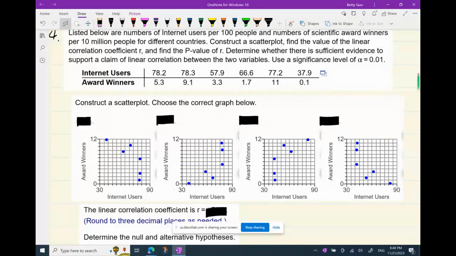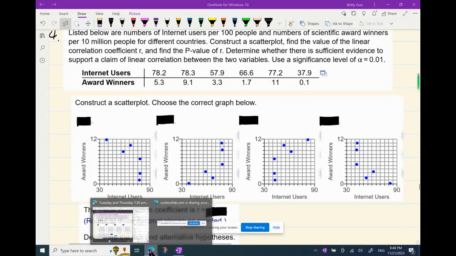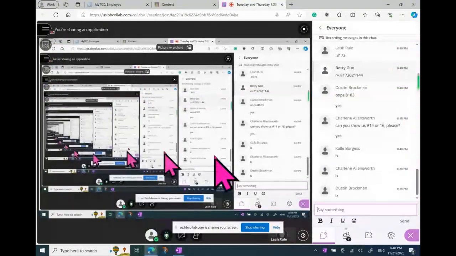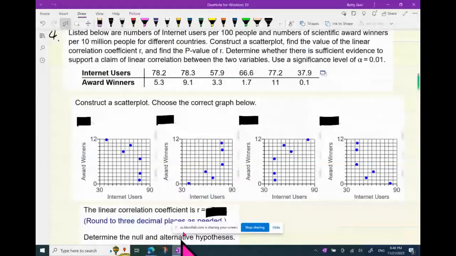Do you see the pattern? What does your pattern look like? Which one, A, B, C, D? Mine is similar to B. Okay, awesome, perfect.